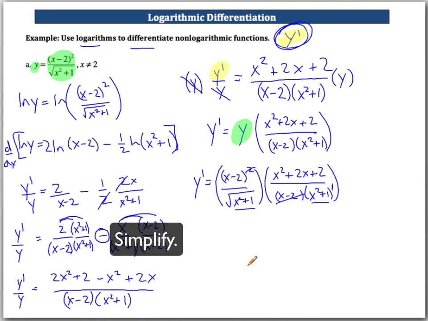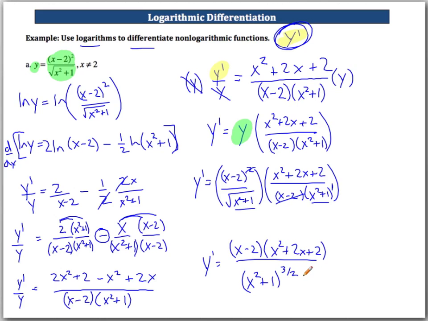So we're left with x squared plus 1 to the 3/2 in the denominator, and in the numerator we have x minus 2 times x squared plus 2x plus 2. And there is our simplified derivative.